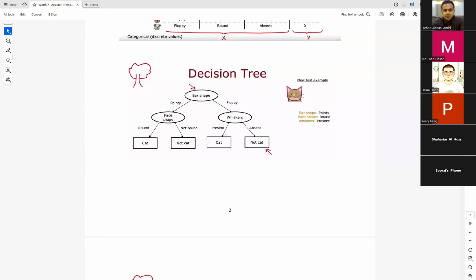So let's say you have an example, an image of a cat. For this cat, the ear shape is pointy, as you can see in the picture, the face shape is round, and the whiskers are present. This cat has whiskers.